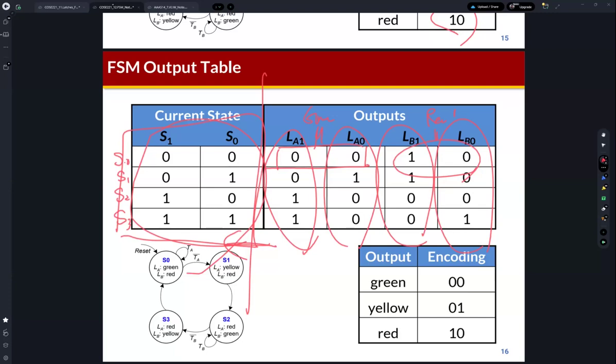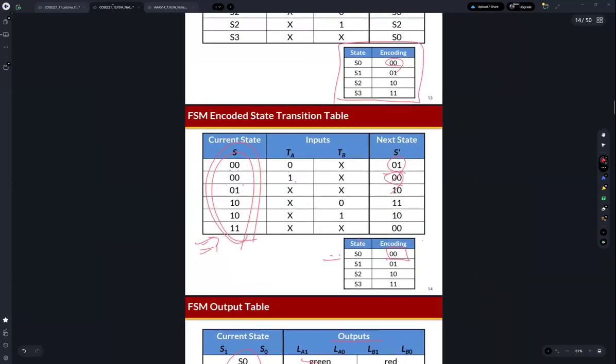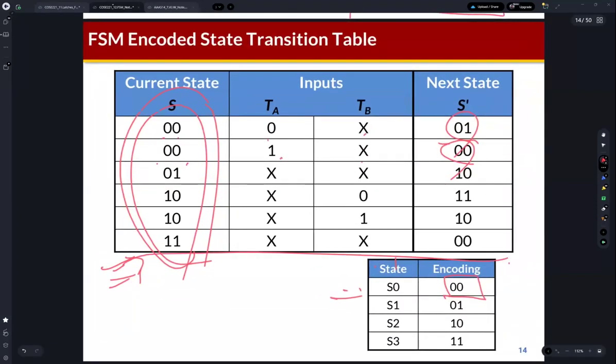So what does that mean? We can define a truth table for these output values based on the current state. And once we define the truth table, we can build combinational logic, right? So we define the state transition table using digital values, so we can build combinational logic for the next state logic.